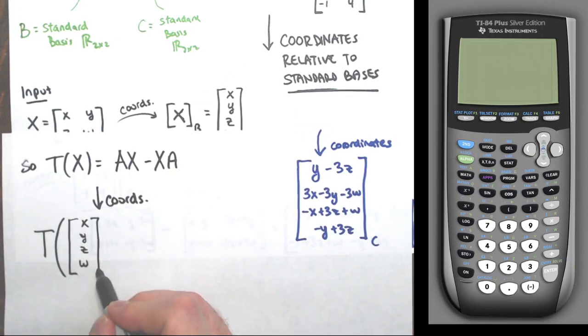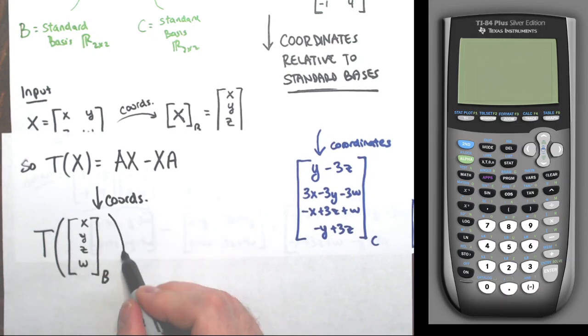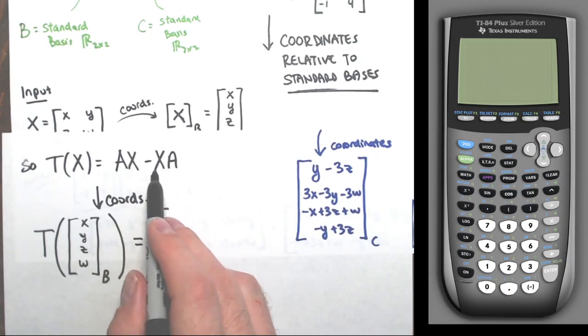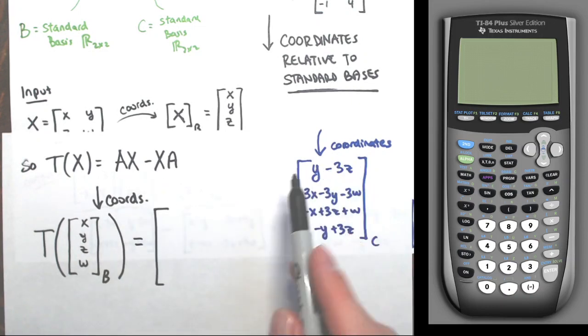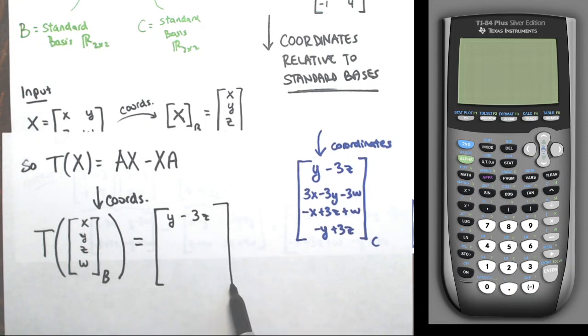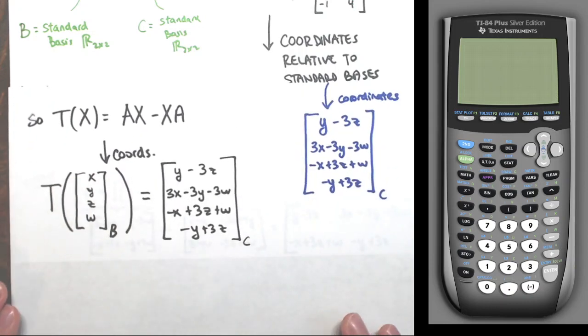Again, this is with respect to basis B. It will be equal to the output, whatever AX minus XA is: this coordinate vector here, y minus 3z, 3x minus 3y minus 3w, then negative x plus 3z plus w, and then negative y plus 3z. Again, these are coordinates with respect to the standard basis for R2 by 2.